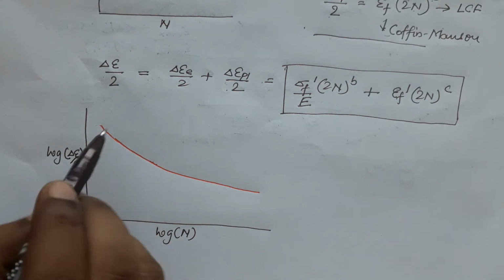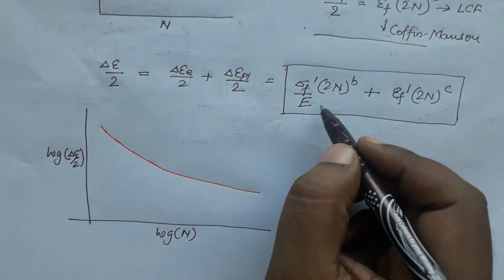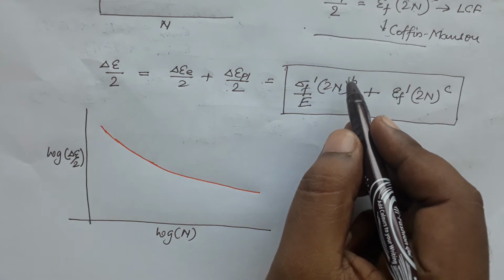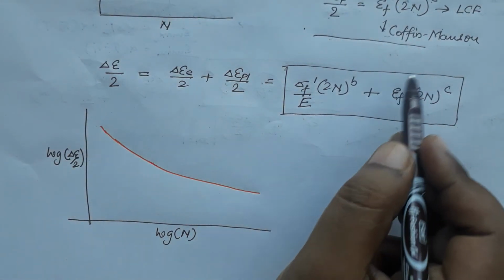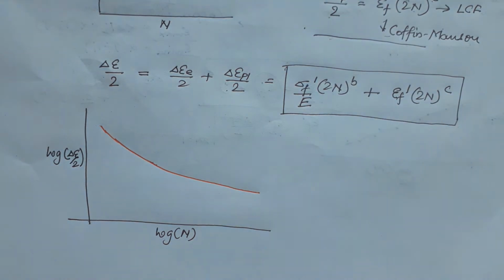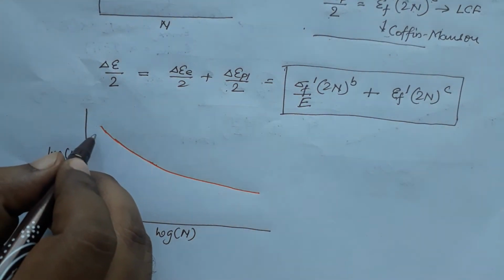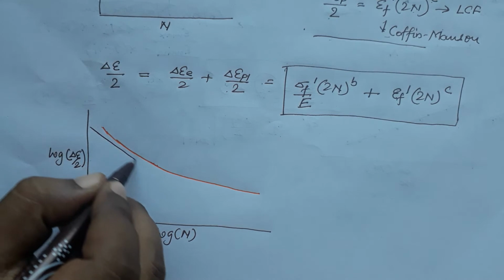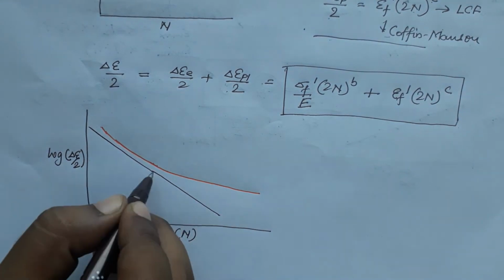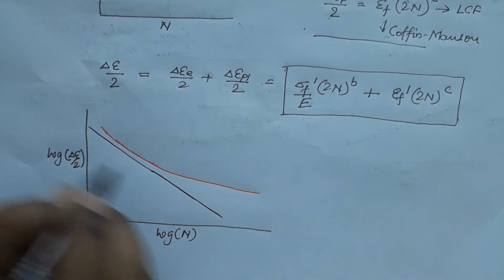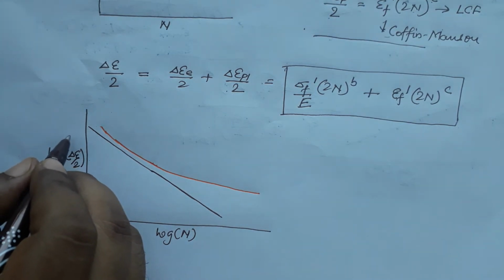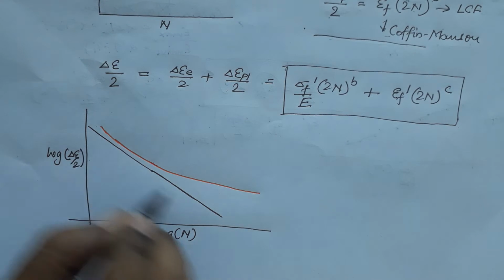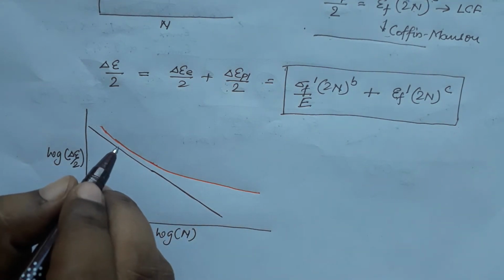So, on this curve, if you just plot the plastic part of the equation, then that line, if you remember the last curve, will look like this, because in that part we had an equation where we plotted only plastic strain amplitude versus log n, and that was something like this, right.